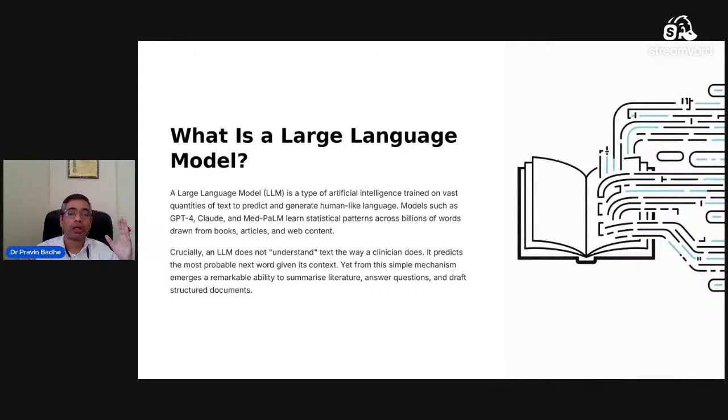So an LLM does not understand the text the way the researcher, the scientist, or the clinician does, but it helps to predict the most probable next word or outcome of the content. It has a simple mechanism, and it does that in a very fast and remarkable way.